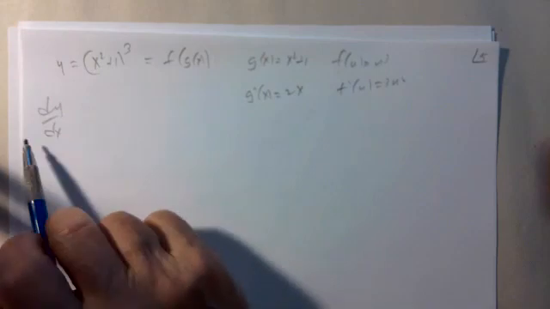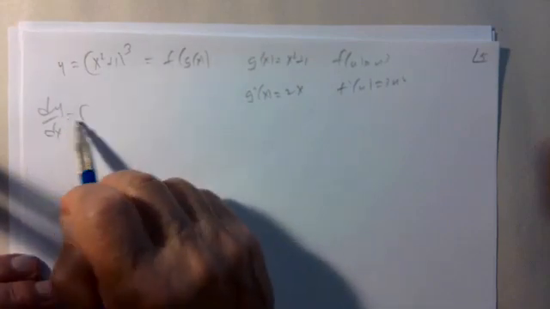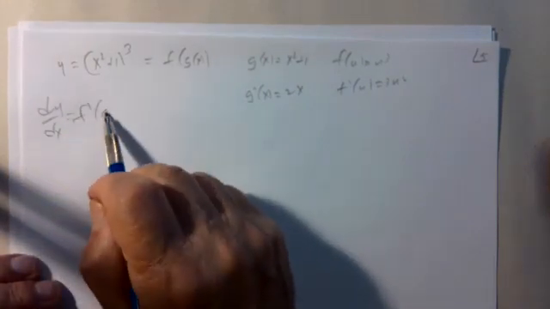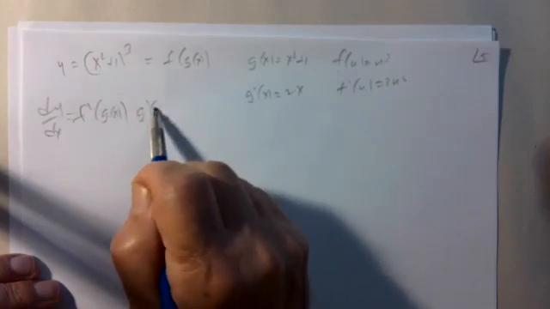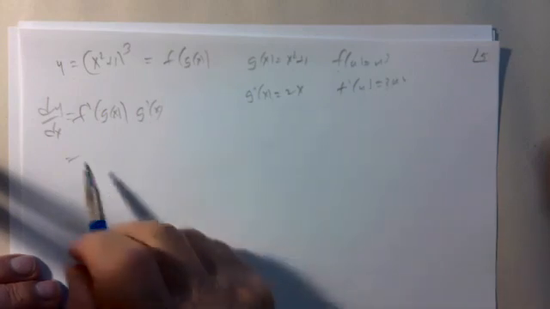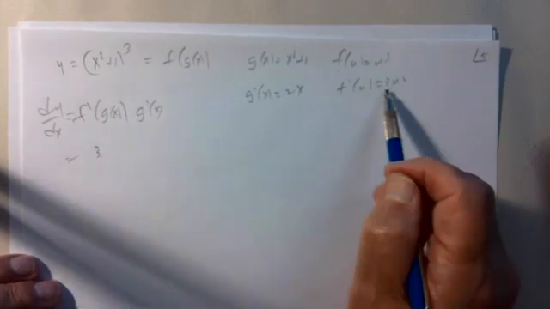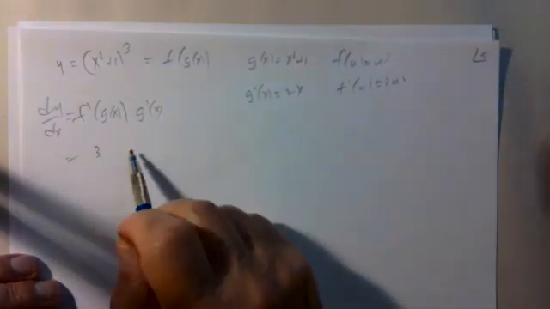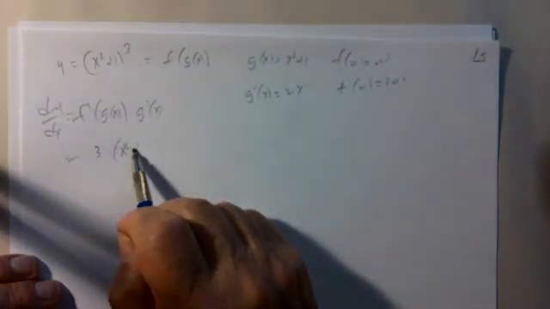So dy dx by the chain rule is f prime of g of x times g prime of x. f prime of u is 3u squared. So if u is g of x, that's 3 times x squared plus 1, squared.